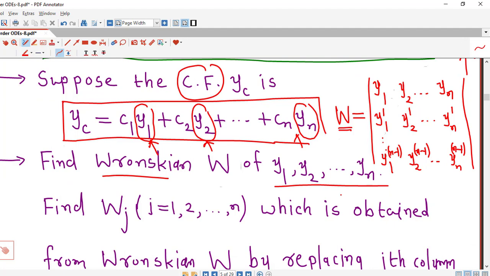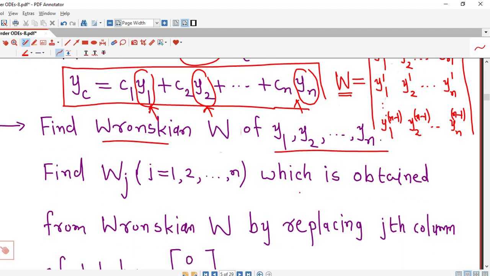Now after finding the Wronskian, we have to calculate n determinants. Because our differential equation is of nth order, we will find n other determinants denoted by wj, j equal to 1 to n. That is, we have to find the n determinants w1, w2, wn.